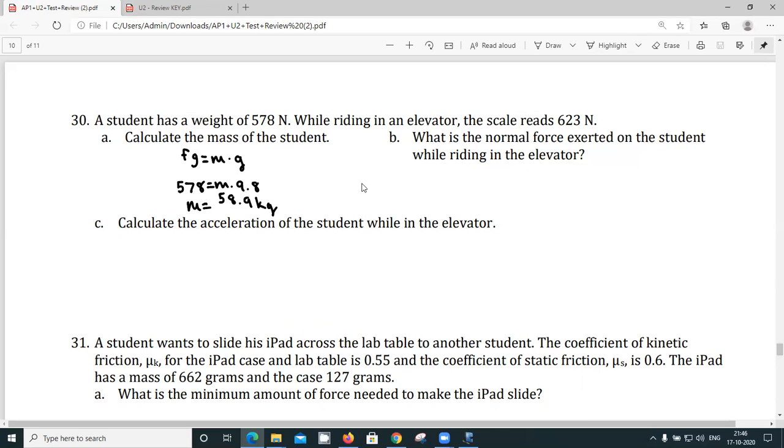So the question is whether it's moving up or down. See, since the scale reading is more, usually it is going up. When you're going up, you'll feel more weight. So Fn minus Fg is ma.